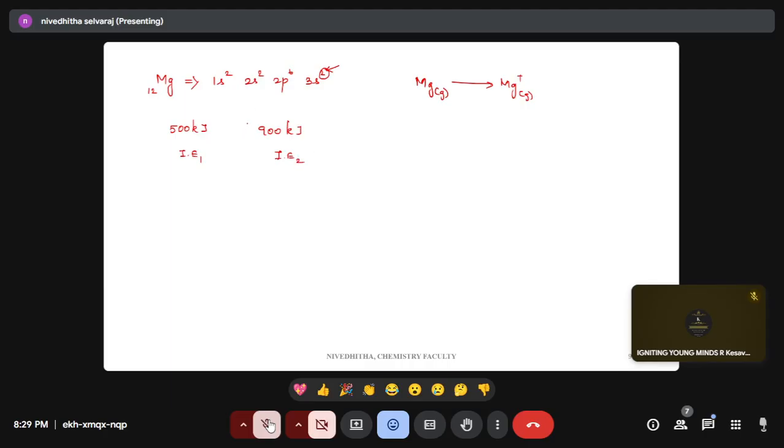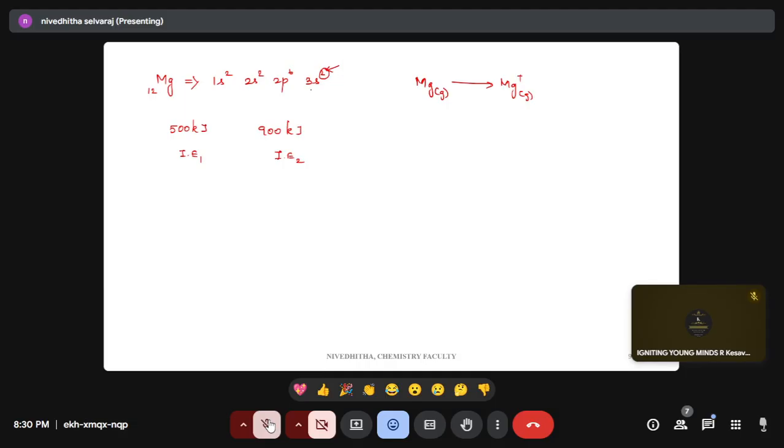Okay, now I have to remove the third electron. See, which is the third electron here? First electron was in 3s orbital. Second electron was also in 3s orbital, right? How about the third electron? Where is the third electron present? 2p, ma'am. Very good. So 2p.